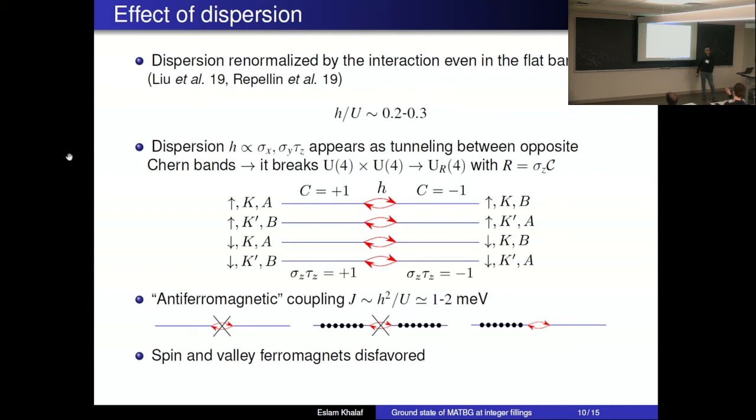But then the Hamiltonian hasn't changed, yet the symmetry has been reduced? Yes, because this symmetry is only a symmetry of the interaction. So this U4 times U4 symmetry is not the symmetry of the full Hamiltonian. It's a symmetry of the interaction. The interaction alone has an enhanced symmetry because this chiral symmetry is an operator that anti-commutes with a single part of the Hamiltonian. So it's not really a symmetry of the Hamiltonian, but it's a symmetry of the space of flat bands. Okay.